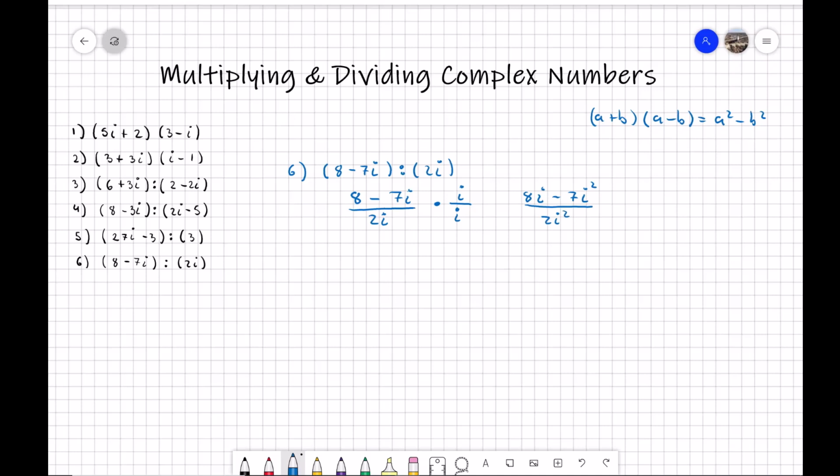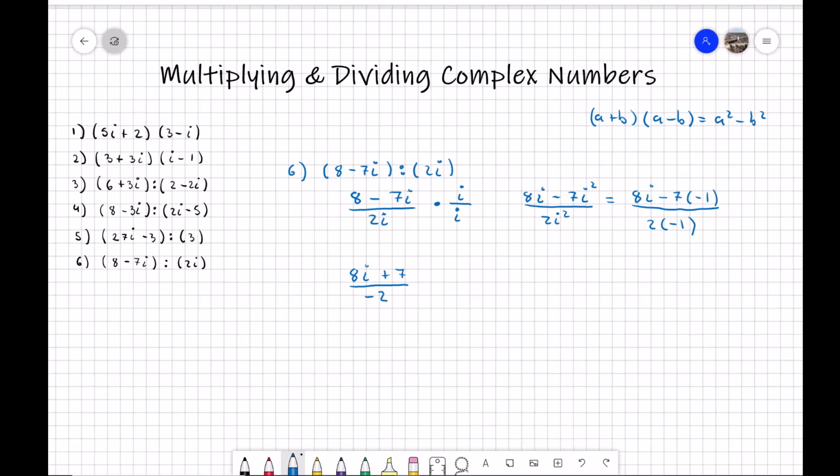So now this is the same as 8i minus 7 times negative 1, because i squared is negative 1, right? And then here 2 times negative 1, right? So we have 8i plus 7 divided by negative 2.